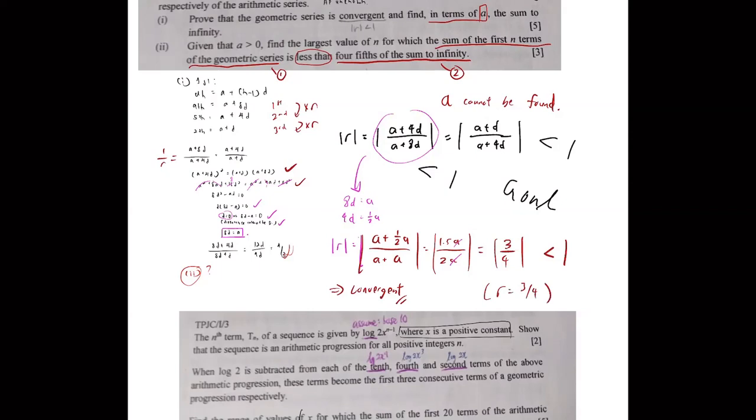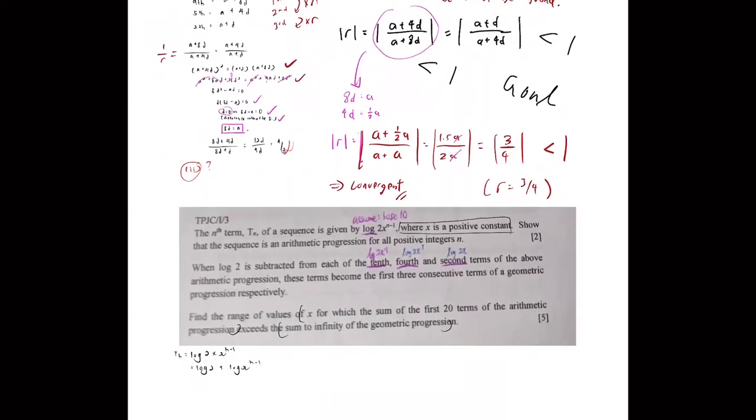Then we can use that to help us find the geometric series. Do we know what a is? Do you know what a is? No, we don't. So that means we have to continue using a. So continue using a, and then we try to figure out what that geometric series is.